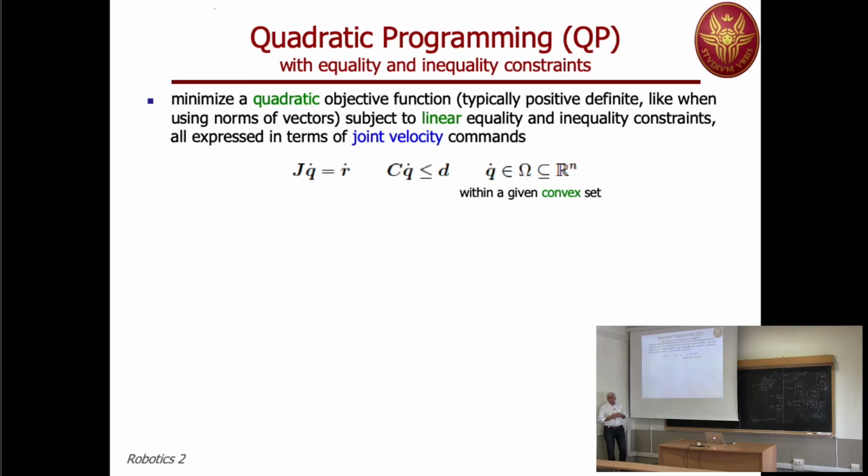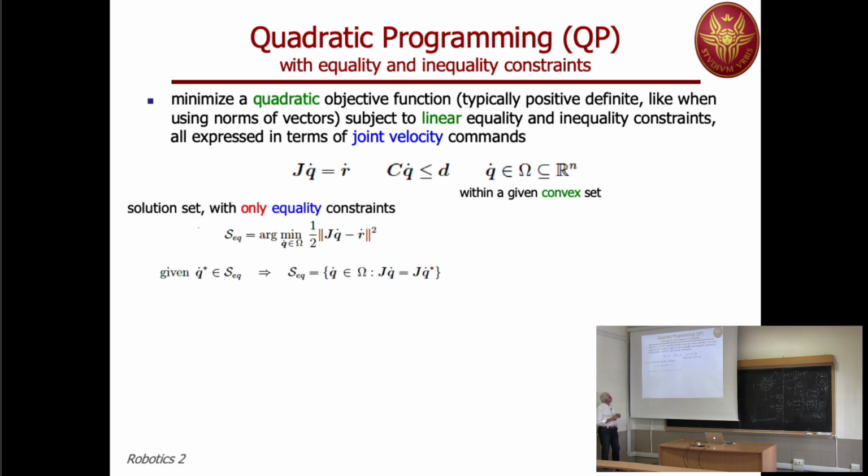Now, how do we deal with inequalities? Let's go back to what we have done for the equality case. So J q dot equal r dot. So we formulated a solution set in which we are looking for the minimum norm command, so joint velocities.